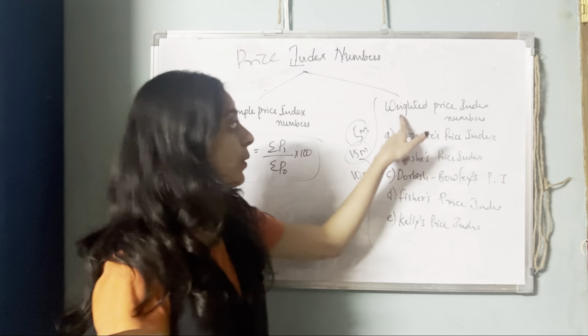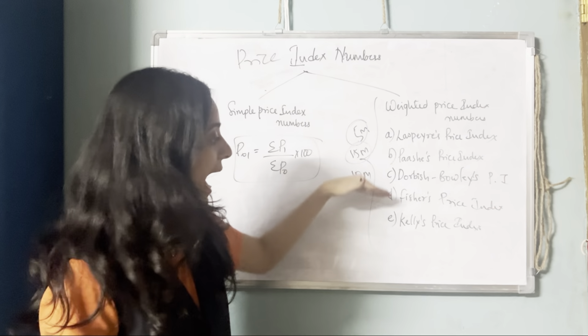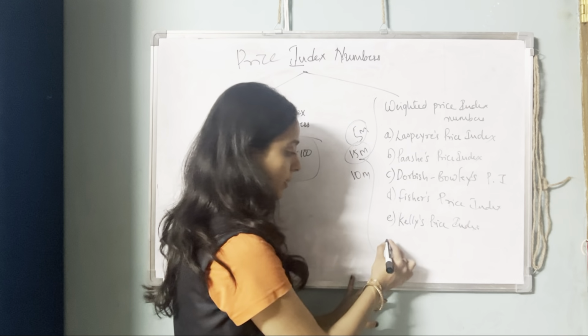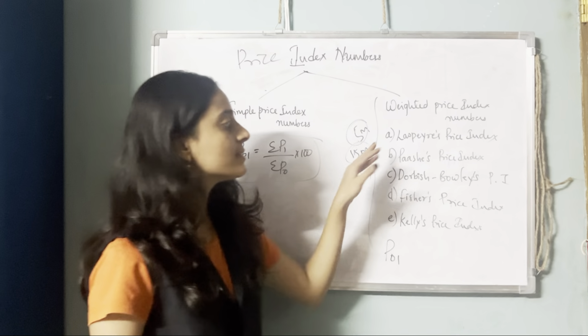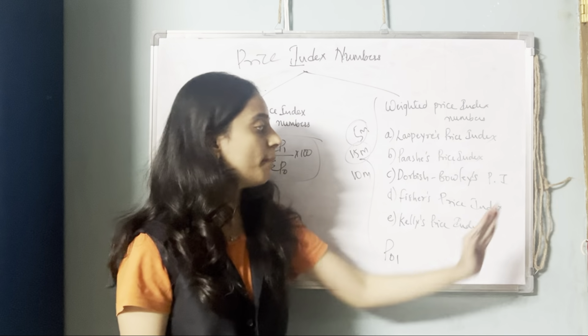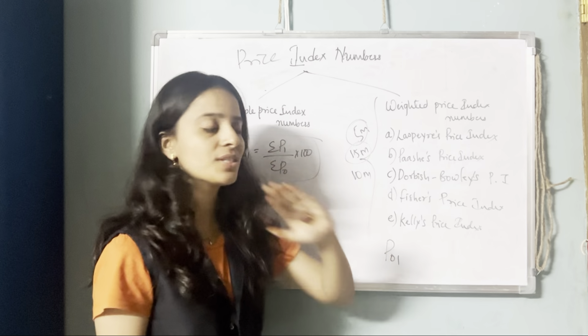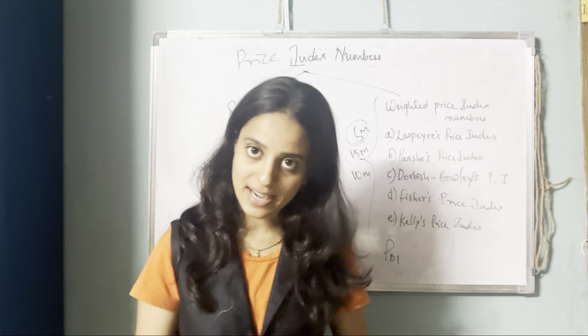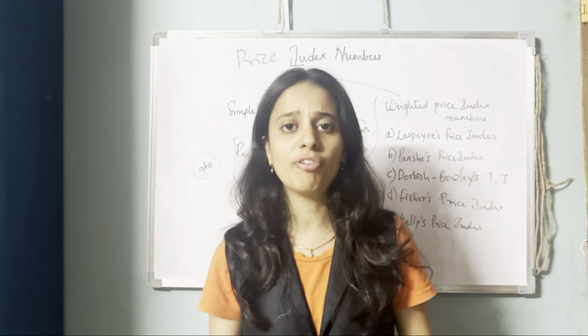Under the weighted price index method, we have 5 different methods with which we can find our price index number. That is Laspeyres's price index, Paasche's price index, Dorbish-Bowley's price index, Fisher's and Cayley's. One of the easiest chapters in statistics, with fixed formulas.